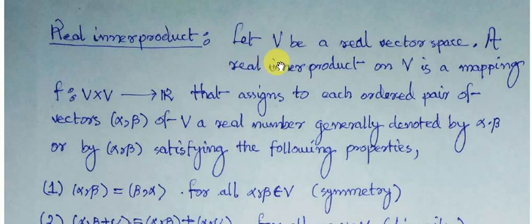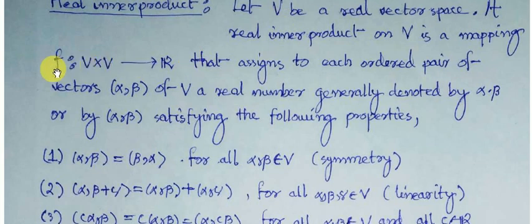Here we have considered a vector space V over the field of all real numbers. That is the real vector space. And we are considering a function f whose domain is the Cartesian product of this vector space, V cross V, and the codomain is the set of all real numbers. That means we have considered a function from the Cartesian product V cross V onto the set of all real numbers.